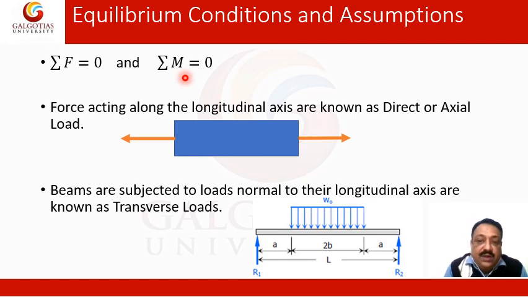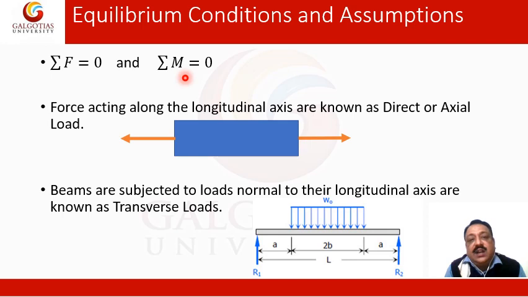Summation F equal to 0 represents basically two conditions, two equations: summation of horizontal forces should be equal to 0 and summation of vertical forces should be equal to 0 for a two-dimensional force system.